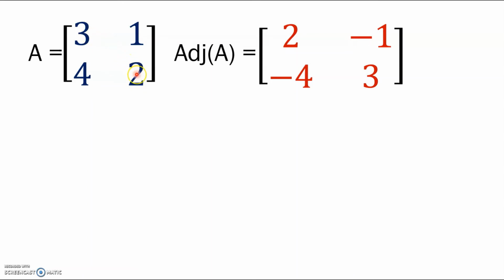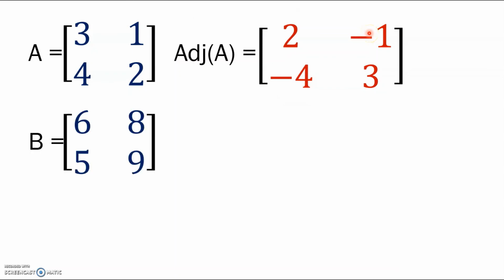So 3 and 2 will become 2 and 3. Very simple. Diagonal elements are interchanged. Then the other elements will be of opposite sign. If this is a plus 1 here, it will become a minus 1. If it's a plus 4 here, it becomes a minus 4. So the signs will be interchanged for the other elements.